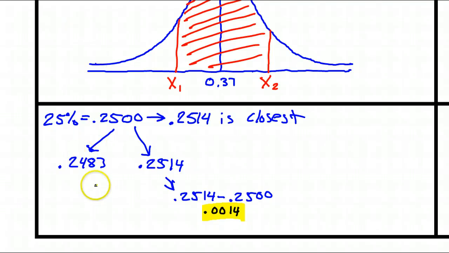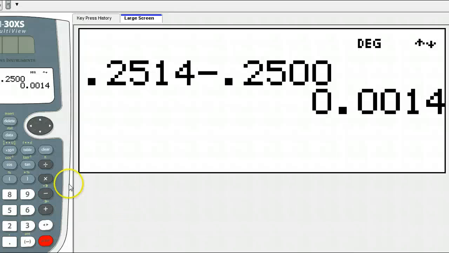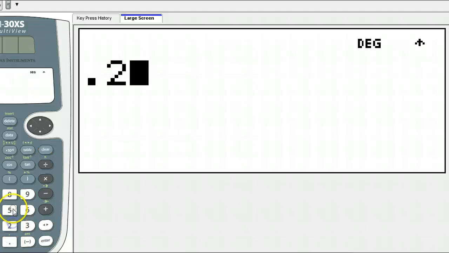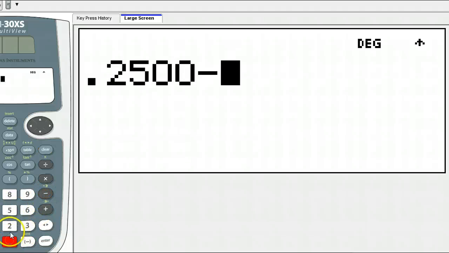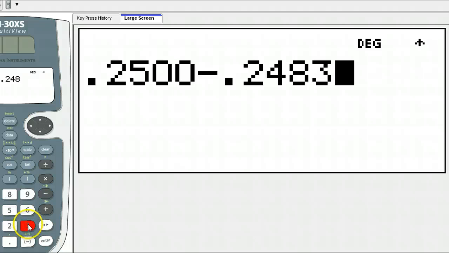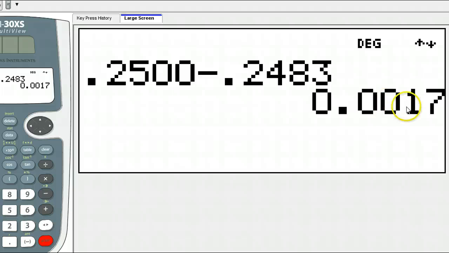Now if I do the same thing with this one, I'm going to keep doing the bigger one minus the smaller one. So in this case, that would be 0.2500 minus 0.2483. If I subtract these, that is 0.0017.